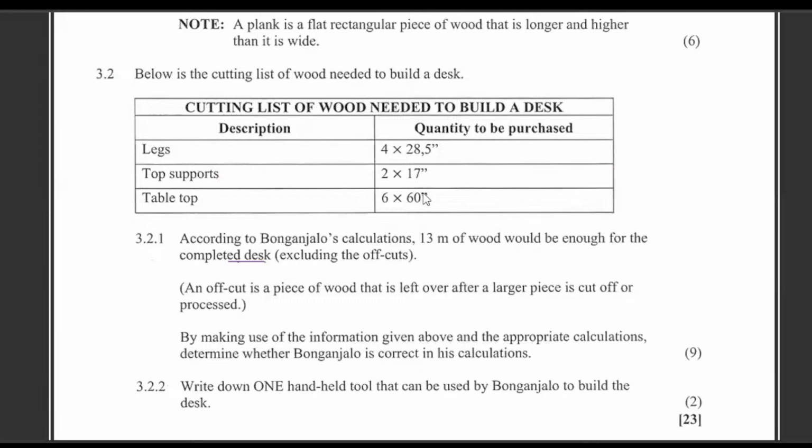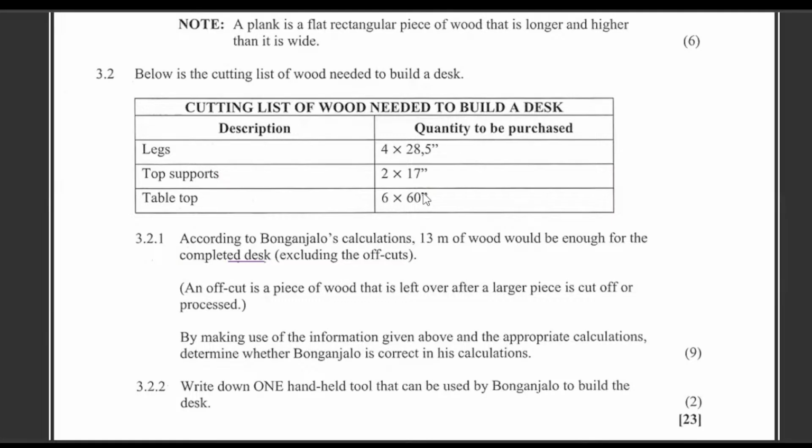Excluding the cutoff. Cutoffs are those remainders that you have. And they are saying an offcut is a piece of wood that is left over after a large piece is cut off or processed. Okay.